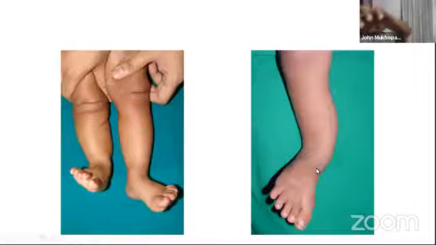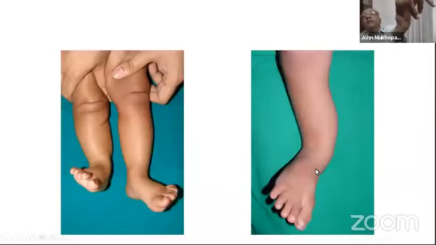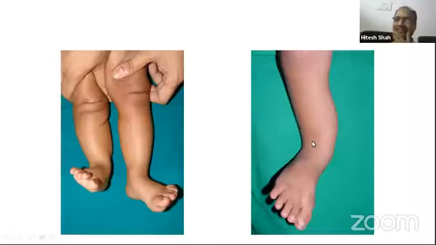So you're seeing the follow-up on the right side, or on the left side as you're facing it, okay? Let us talk on that: whether the tibia is straight, whether the knee and ankle are in line.